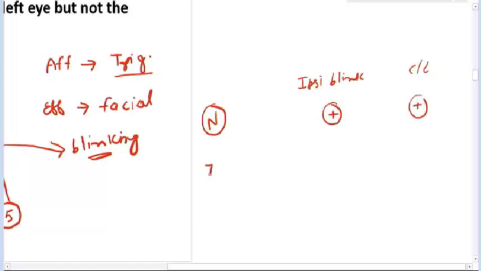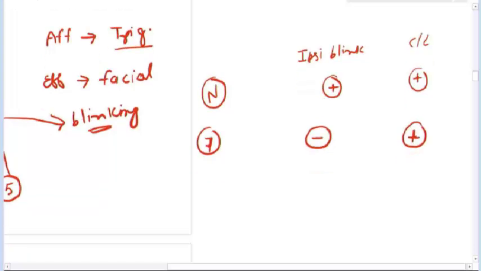If there is seventh nerve lesion, then ipsilateral blink will be absent because that side orbicularis oculi could not be contracted, and contralateral is present because the contralateral seventh nerve is working. It will bring the blink reflex. And if there is lesion in the fifth nerve, now afferent is gone.